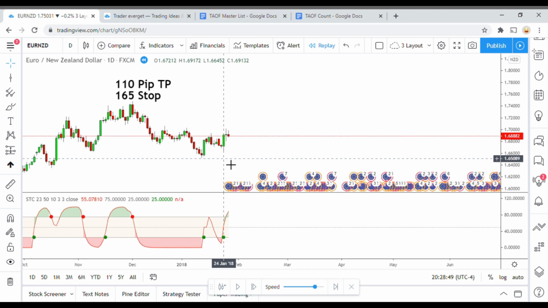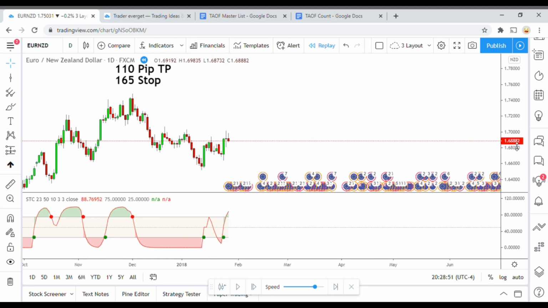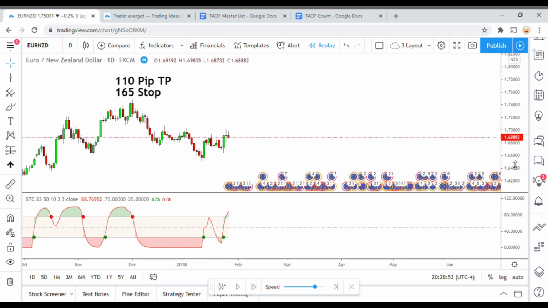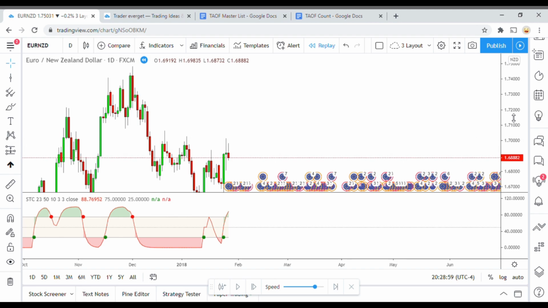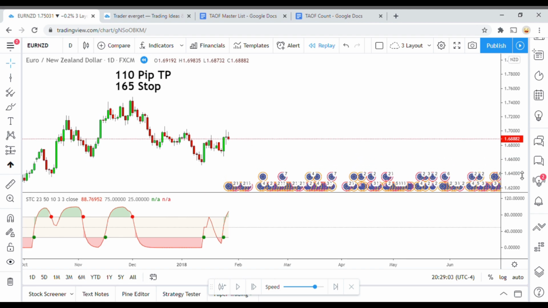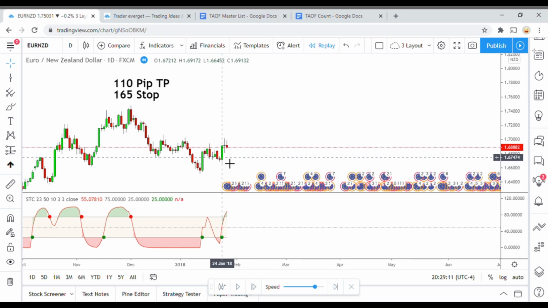All right, now we get another green dot here telling us to go long, and the next candle, even though it is super hard to see because it is so spindly and wicky, is a green candle that did close slightly above the signal candle.